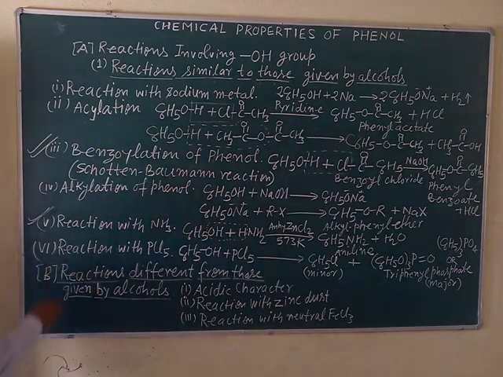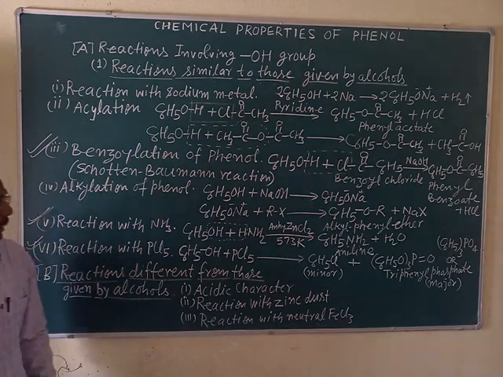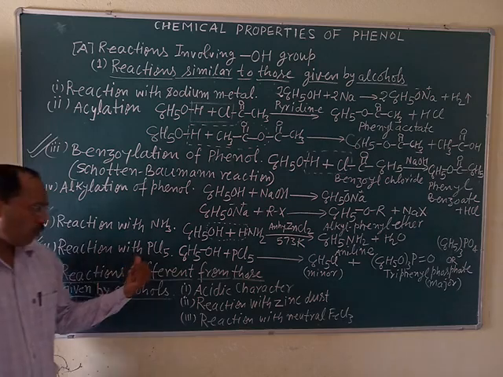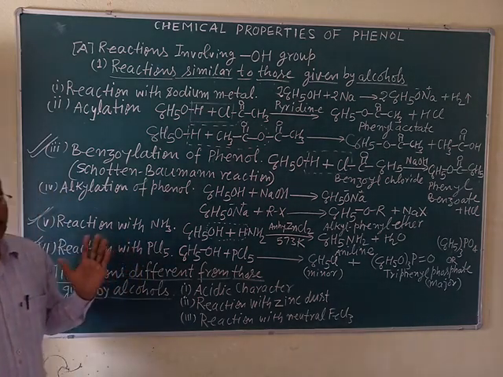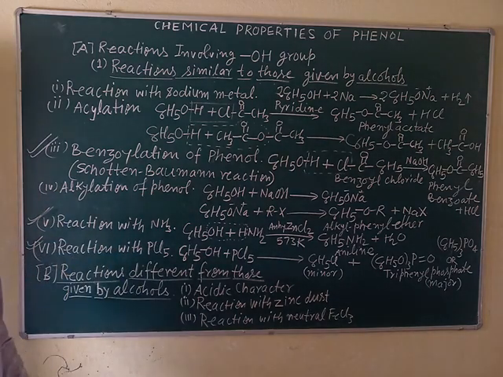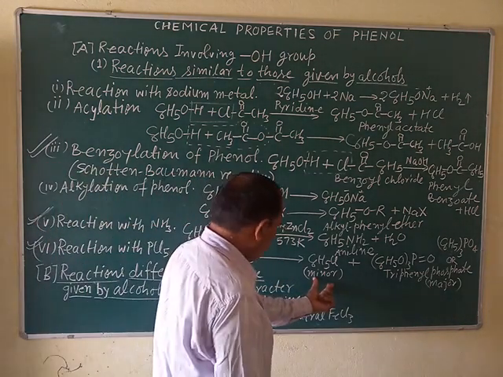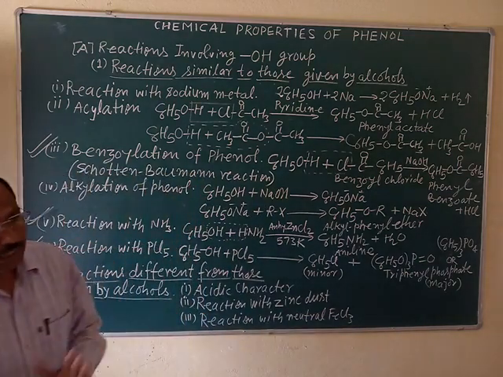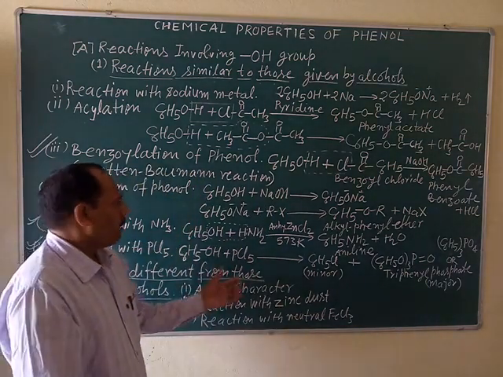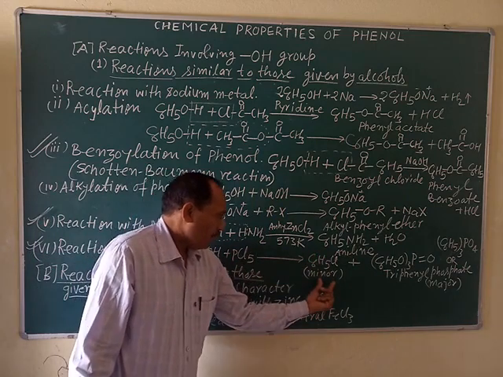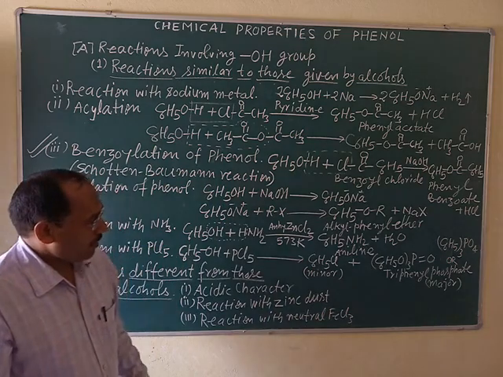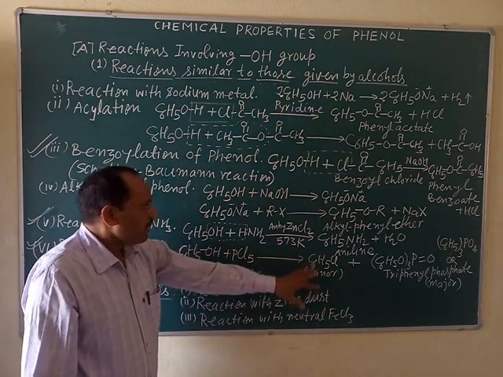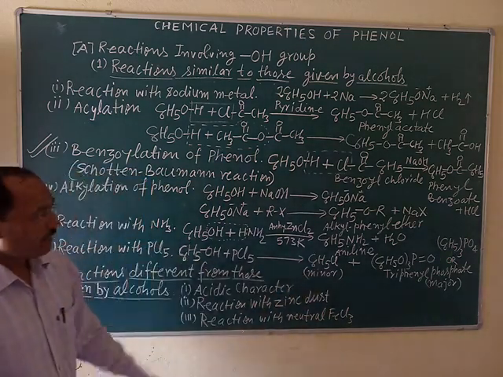Next reaction, which is also a very important reaction, is with phosphorus pentachloride. Just like alcohol, phenol also reacts with phosphorus halides and gives halobenzene as a minor product, because in this reaction the yield of halobenzene, like chlorobenzene, is very poor.